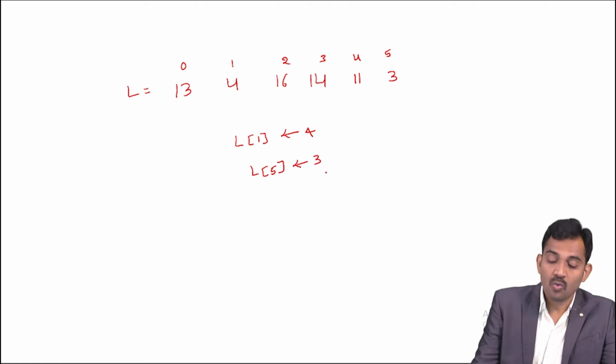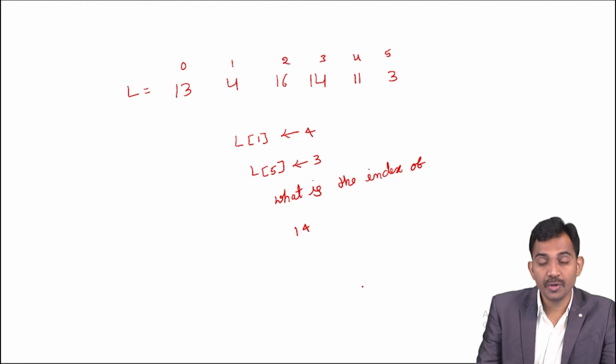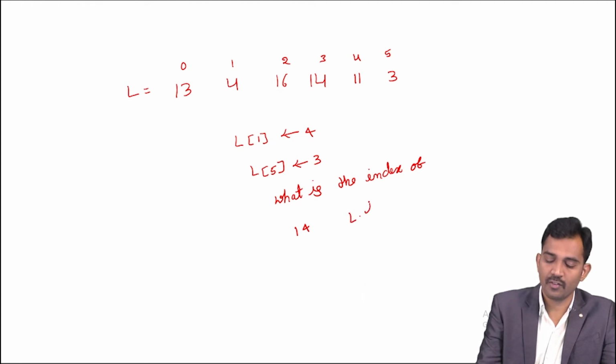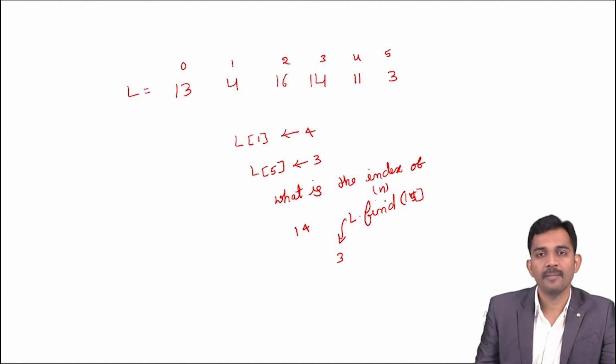But if you want to find the index of 14, then you should use the L dot find method. L dot find of 14 will return the index 3. The time complexity of this is n.